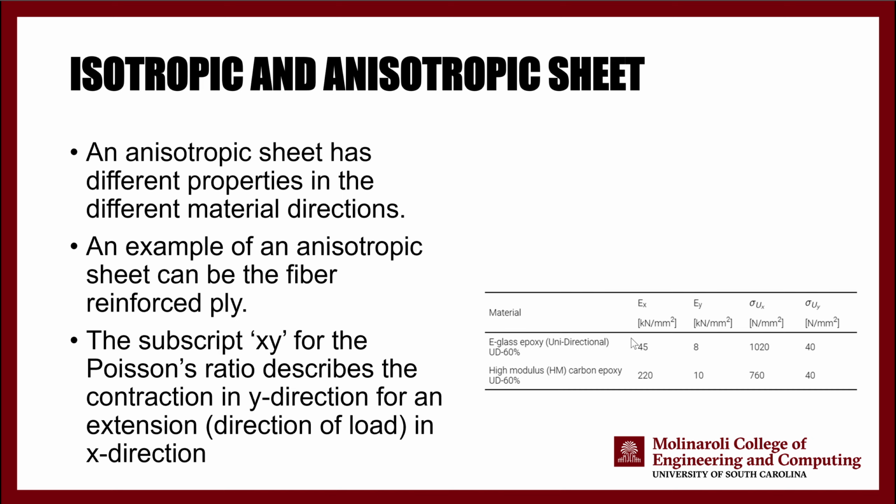So this side of the composite is stronger than a lot of metals. This side of it is actually weaker than a lot of metals. For a carbon epoxy, it's the same scenario for a unidirectional composite. Well, what's the difference between a unidirectional and multidirectional?